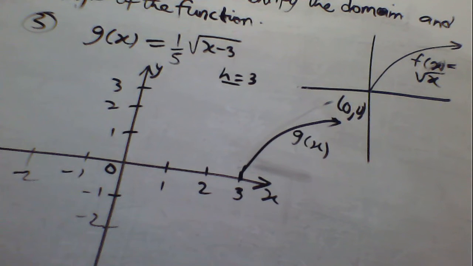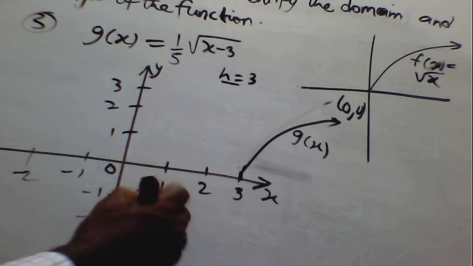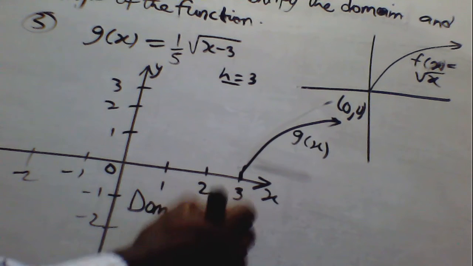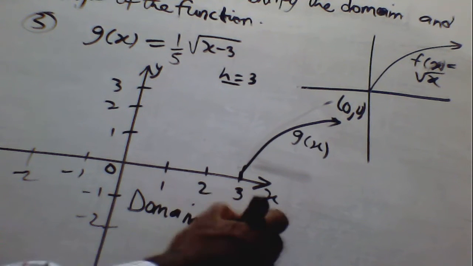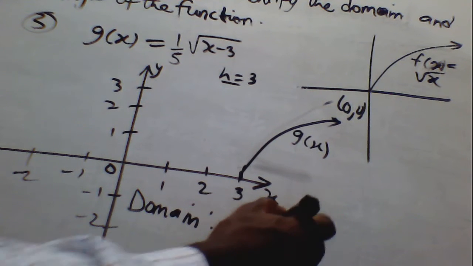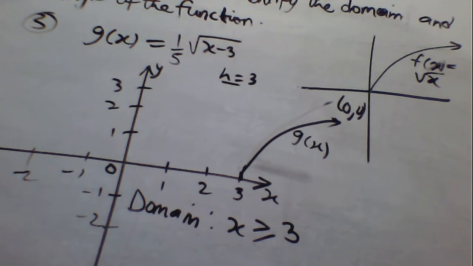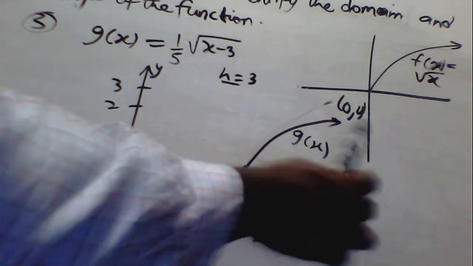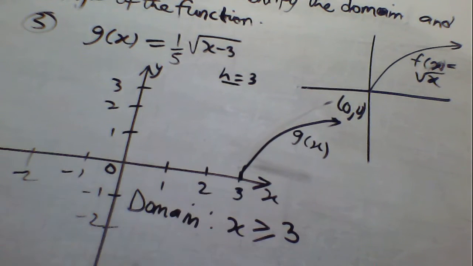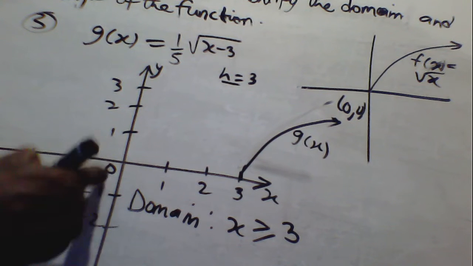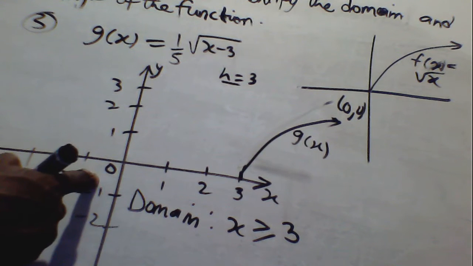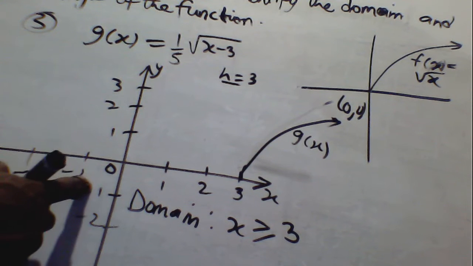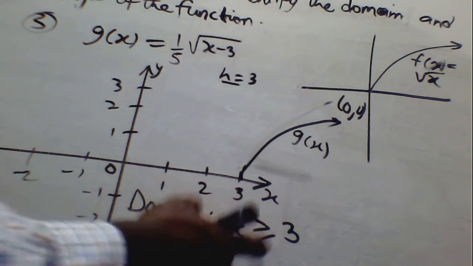Sorry. So the domain is x greater than or equal to 3. If you look at it from here, x greater than or equal to 3 is the domain. It's only x greater than or equal to 0 when we start from the origin. x is greater than or equal to 3.